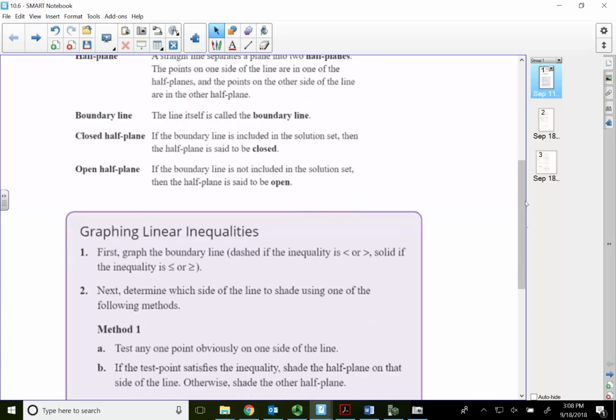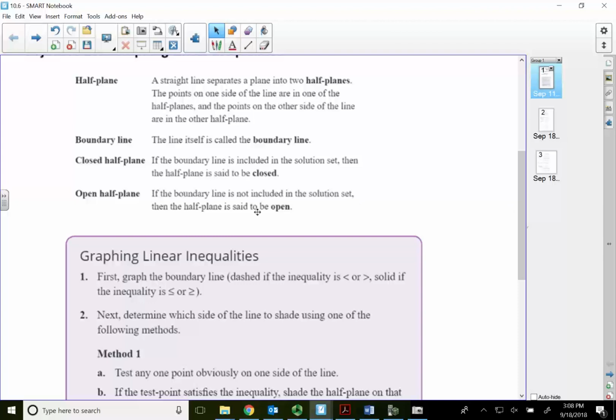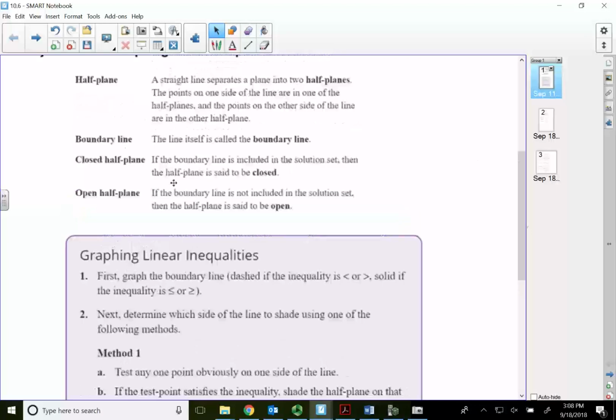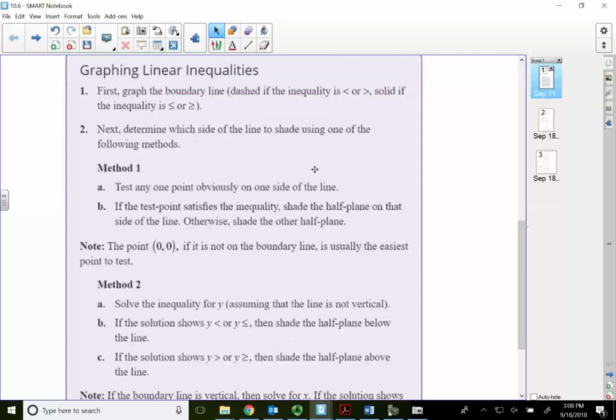Based on the inequality, the points that are part of our solution set are only going to be in one of the two half planes. To indicate all the points on that half, we shade that half plane.